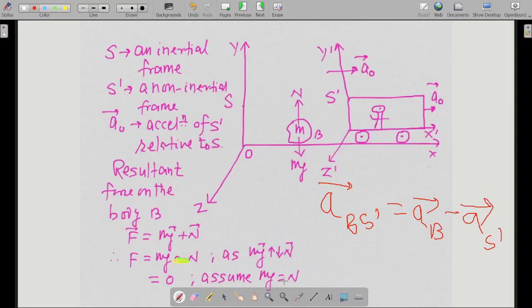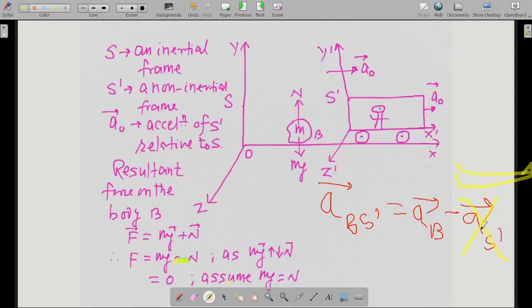Now what does acceleration of S prime vector mean? It is clearly not equal to 0, because your S prime is moving along the right side, that is along the i cap direction with respect to inertial frame S. So the acceleration of this S prime vehicle with respect to the inertial frame is not equal to 0. So this term will not vanish, it will remain.